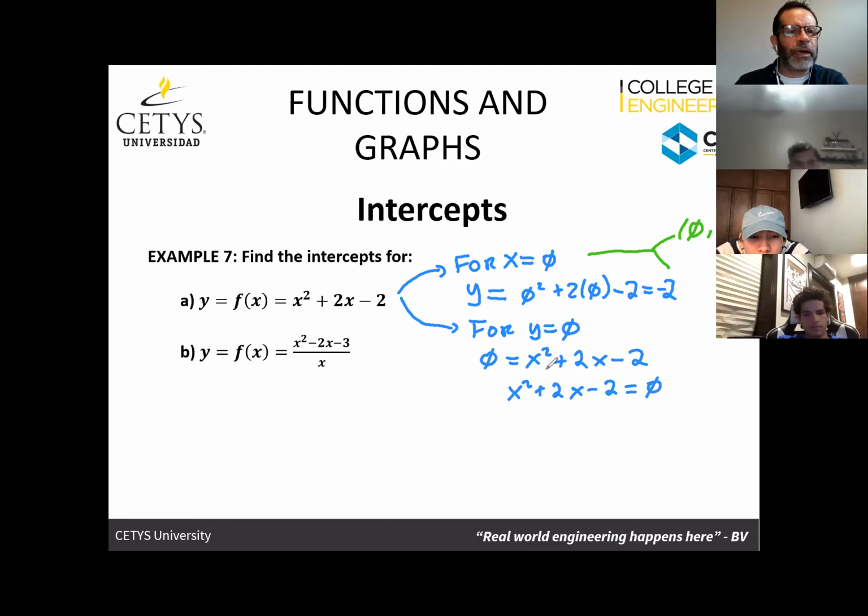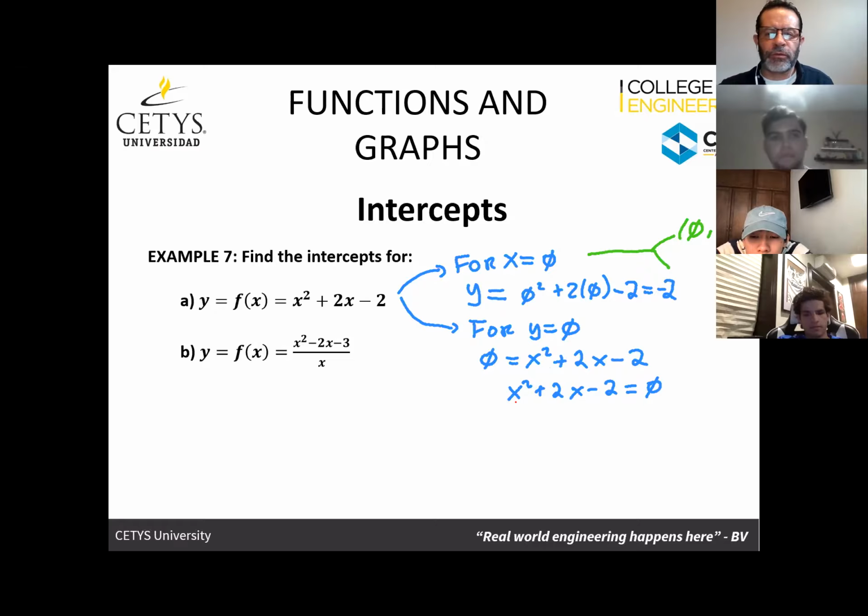Can somebody help out finding what can we see with regards to the roots of that polynomial? We could use the general formula if we wanted to. I believe that we can't factor that one directly. We're not going to be able to factor that directly.